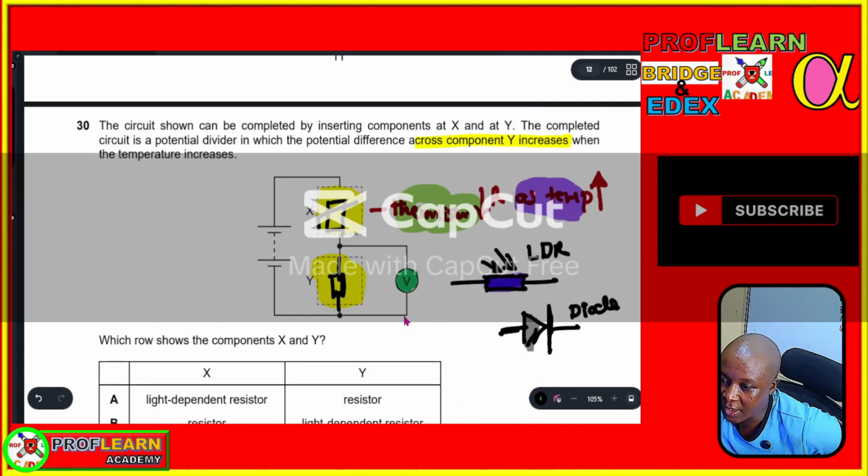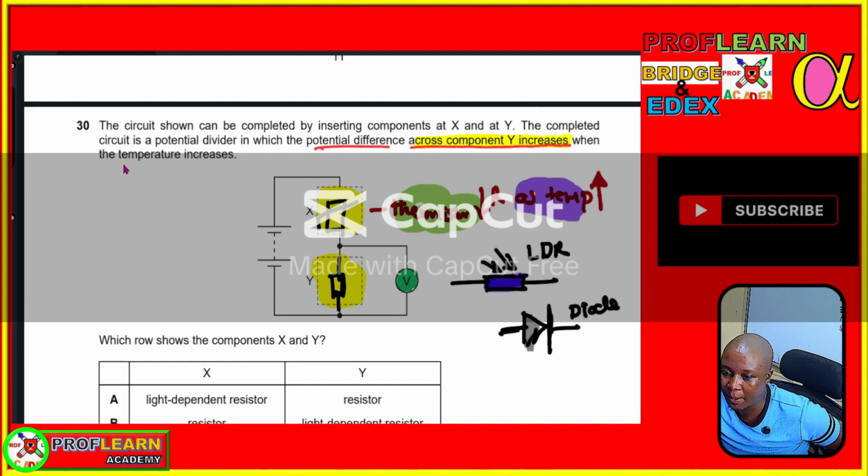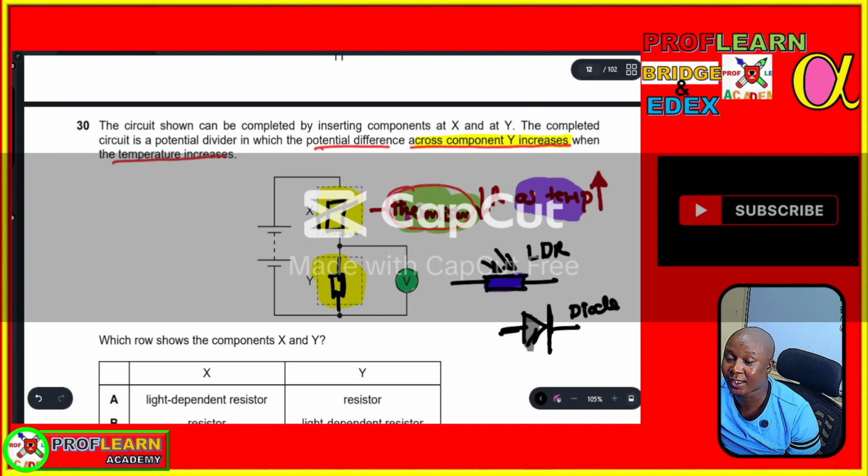Question 30 says the circuit shown can be completed by inserting components X and Y. We are told that the potential difference across Y increases when temperature increases. If you are told about temperature, then we are talking about a thermistor, because a thermistor is the only device whose resistance is affected by temperature.